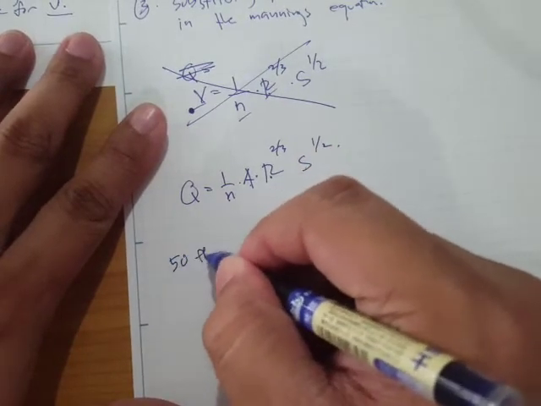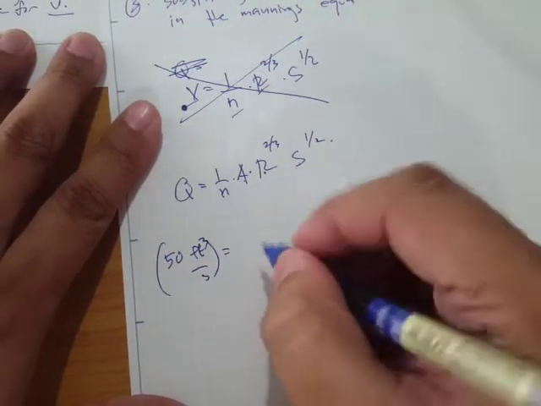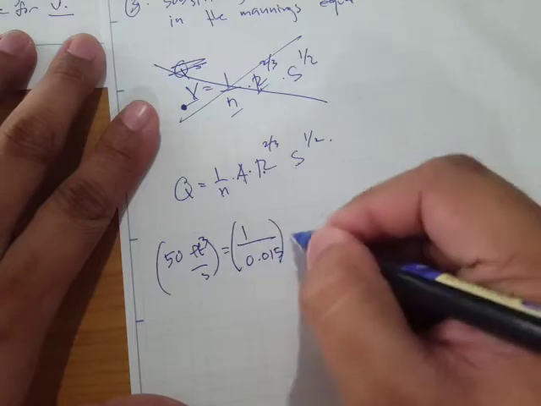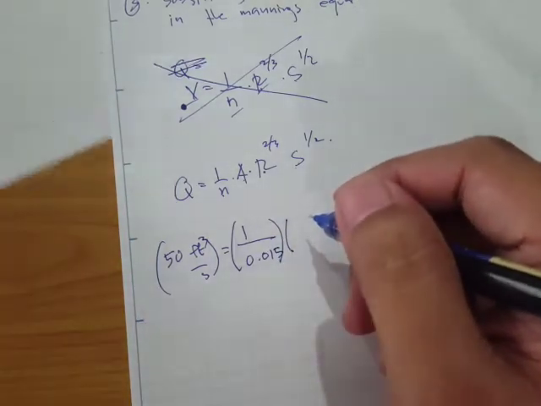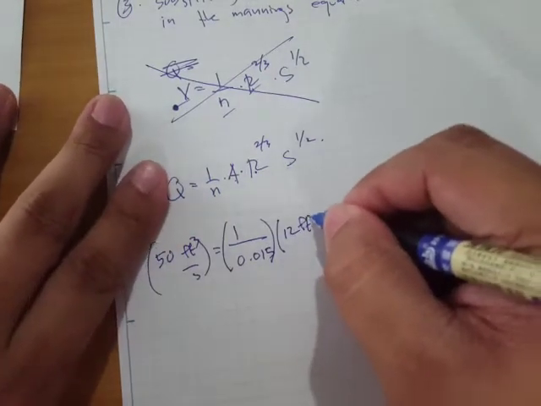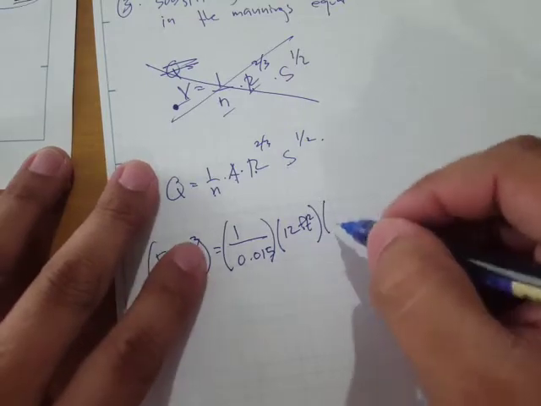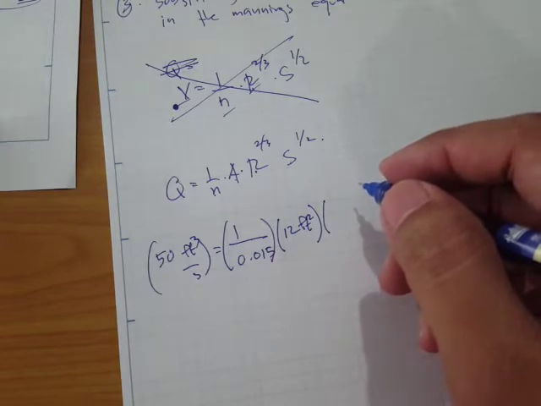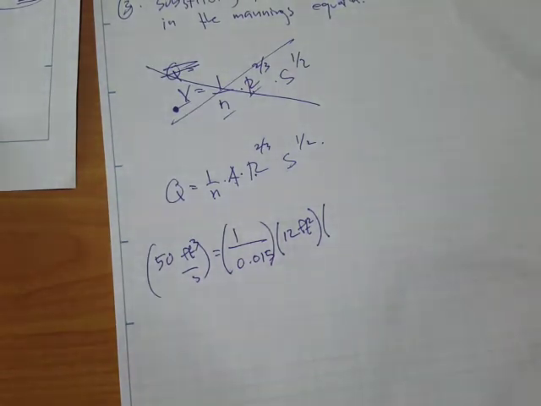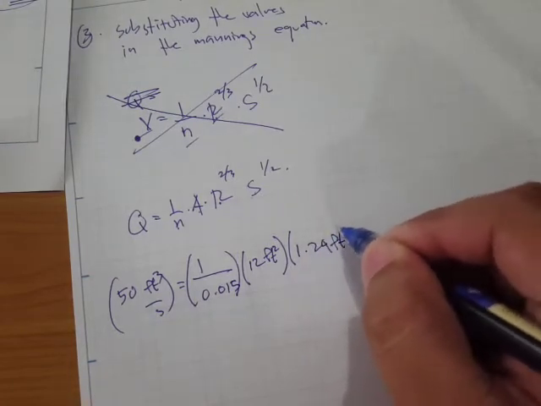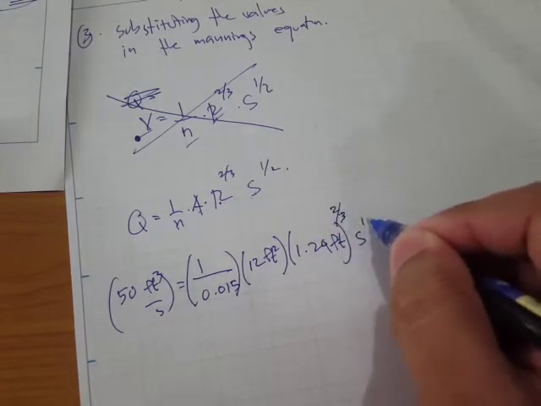So let's substitute all the values. We have 50 feet cubed per second, and this one is 1 all over 0.015. For the area, this is 12 feet squared. And for the R, this is 1.24 feet raised to 2/3 and S raised to 1/2.